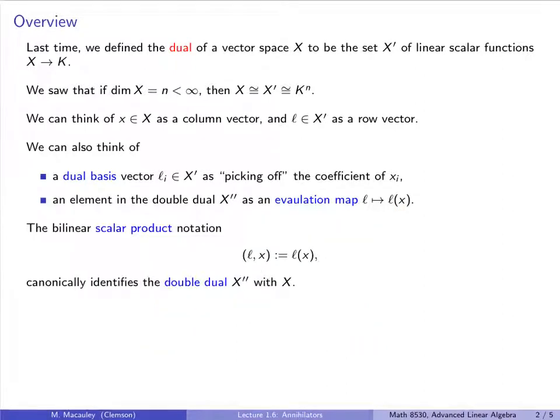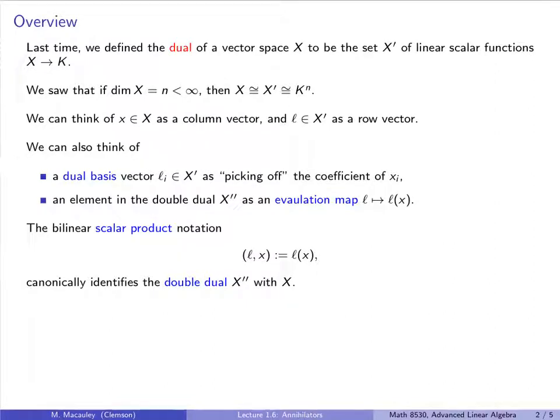We introduced a scalar product notation, which was a bilinear function. So instead of writing L of x, which really biases us toward x being vectors and L being functions, we wrote it as L comma x. And this identifies the double dual with x.